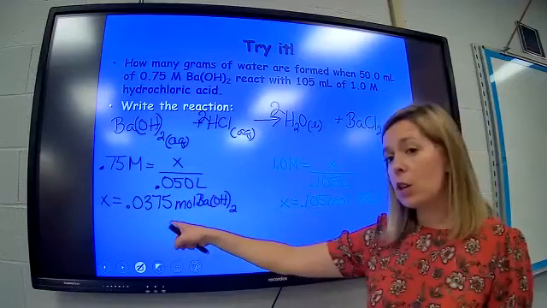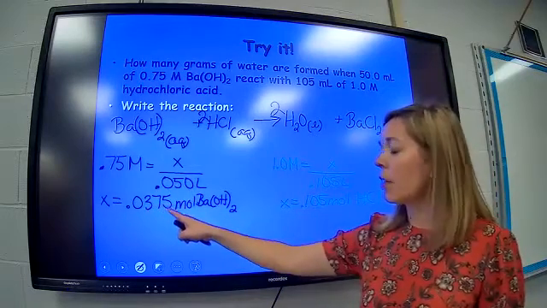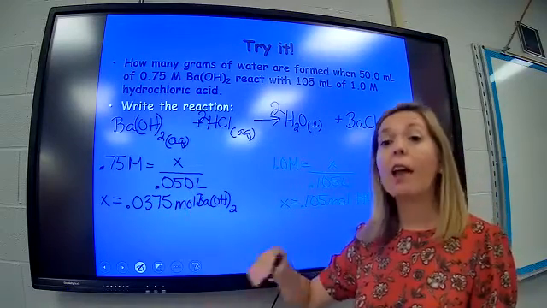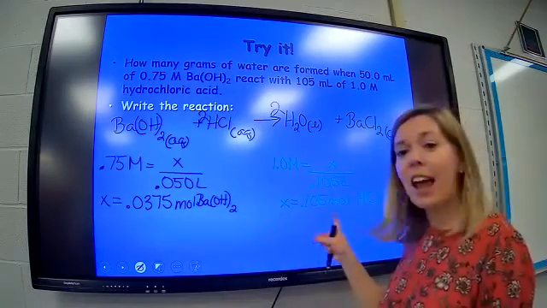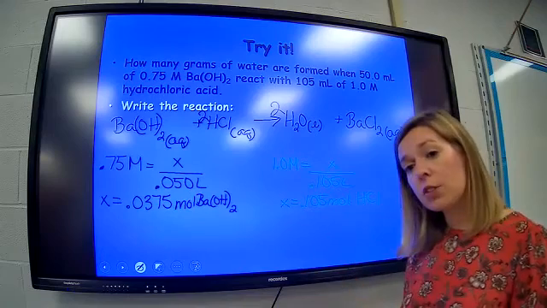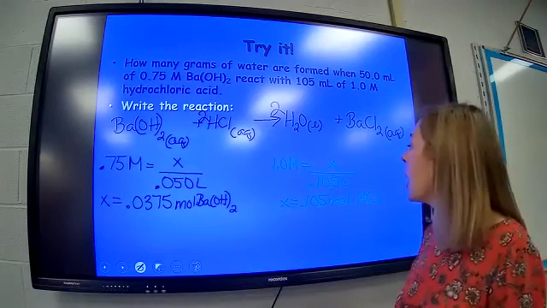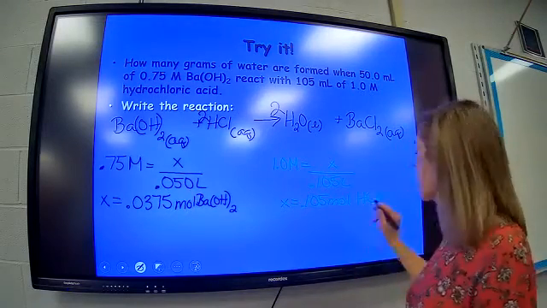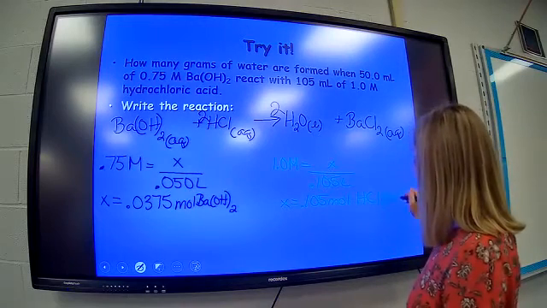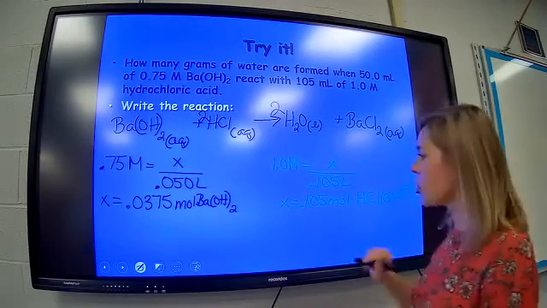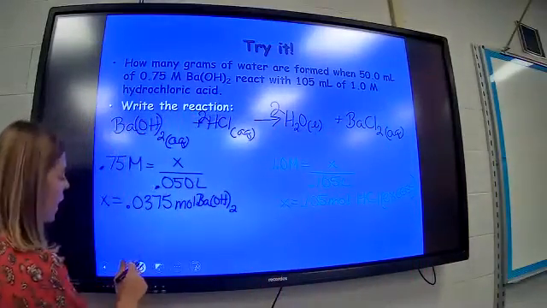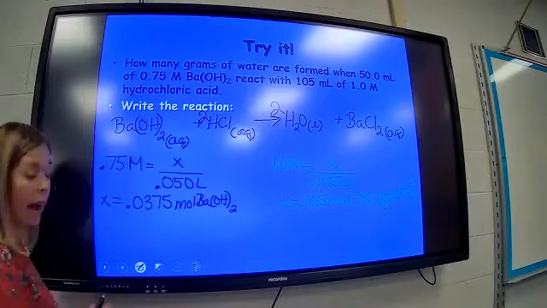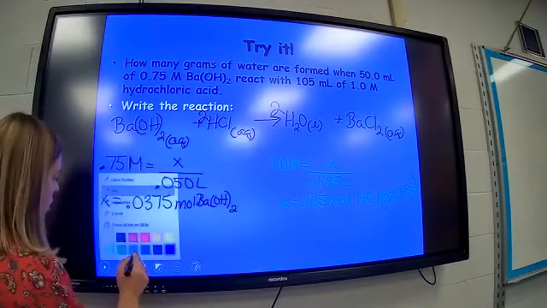If I use the 0.0375 moles of barium hydroxide, I would need double that for hydrochloric acid. I have over 0.1 for hydrochloric acid, so that tells me hydrochloric acid is going to be present in excess, and barium hydroxide is going to be my limiting reactant. But I should write that out to be thorough.